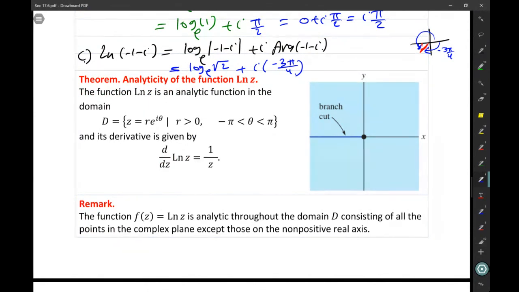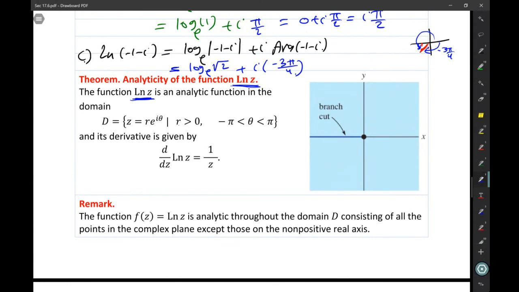Let's see the next theorem, for the analyticity of the principal logarithm. The function principal logarithm of z is an analytic function in the domain D, where z is equal to r e to the power i theta, r is greater than 0 and theta between minus pi and pi.